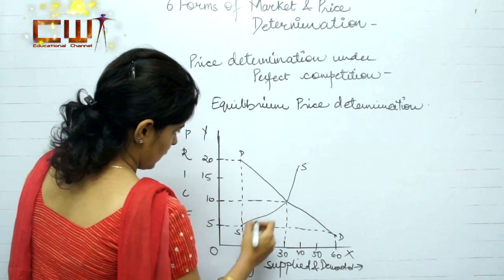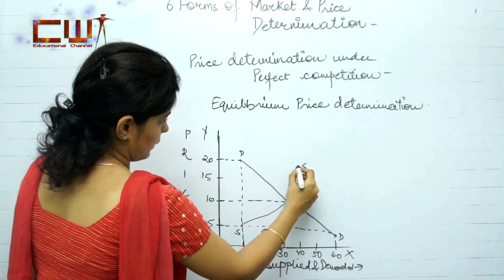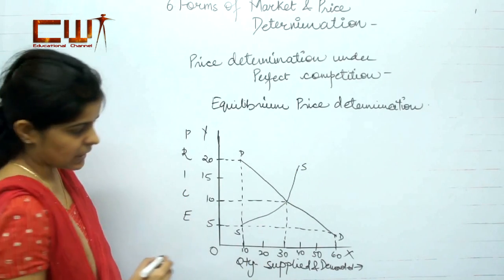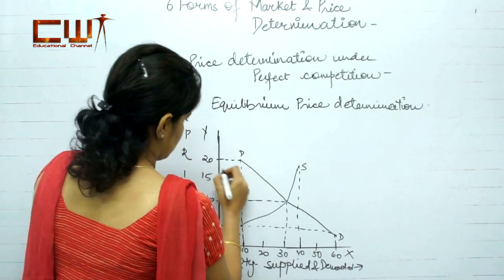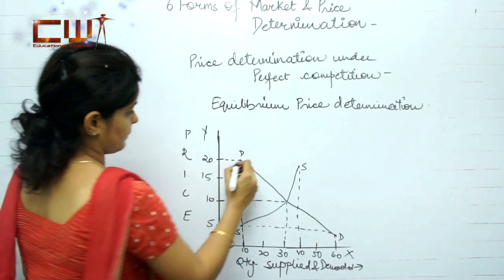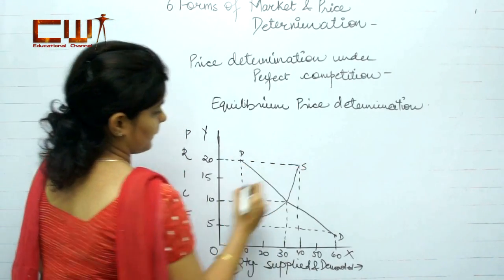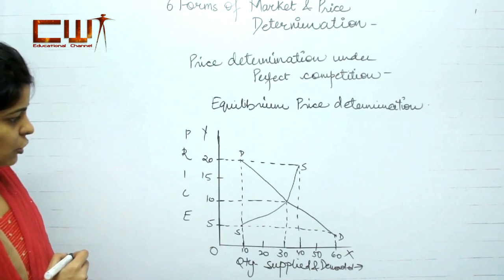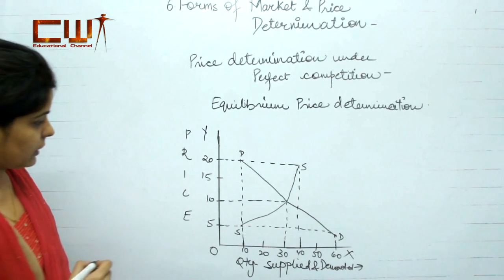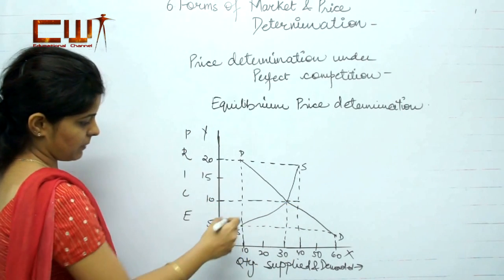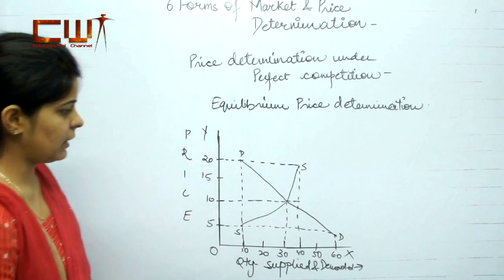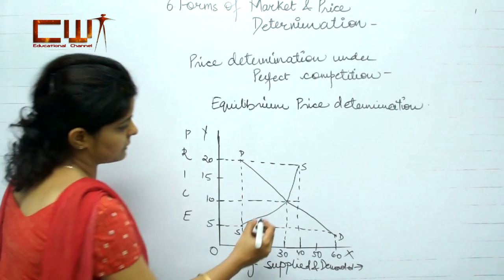At this point you have 40 at the price of 20. At the price of 10, you have 30, and at the price of 5, you have this. So you have the demand and supply schedule.